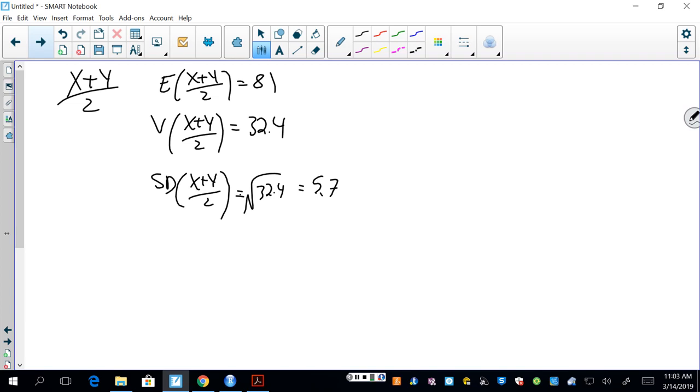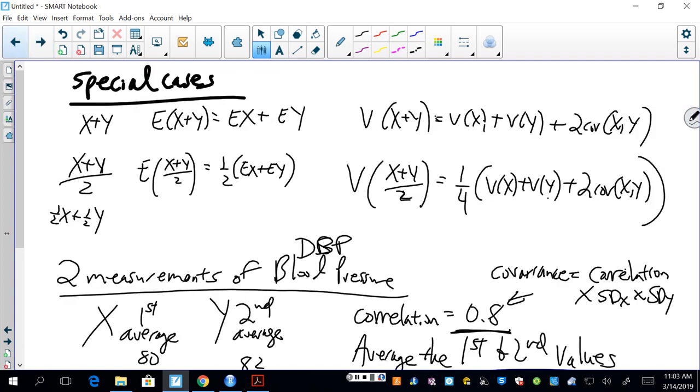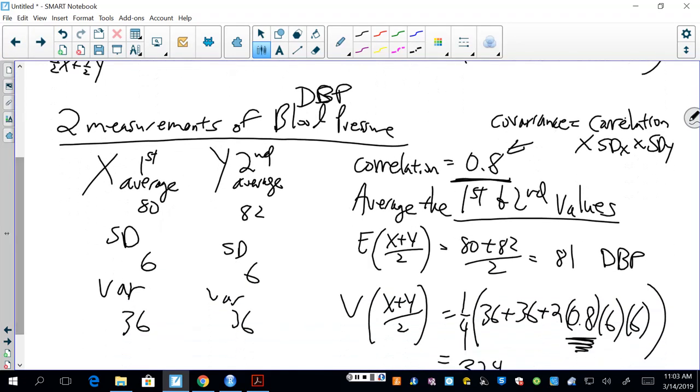A high correlation means the total variance had this extra boost that made the sum even more variable. It's compensated by taking the average, but it's still not as accurate as two things that were independent of one another. So it does affect things there.